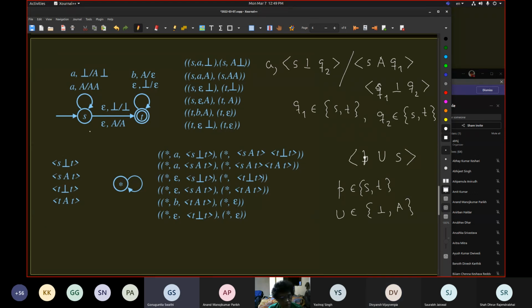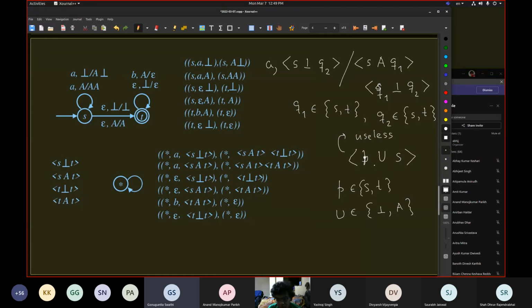So that means that these symbols are useless. Of course, this is only for this example because I have a very specific PDA. So these symbols are useless because nothing can be popped in state S, and there is no way of entering state S other than being there itself.